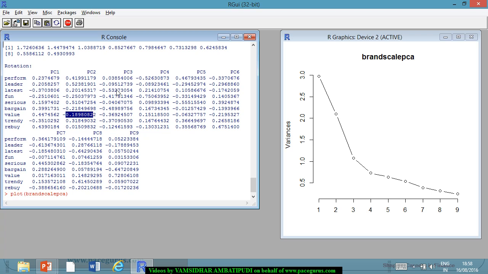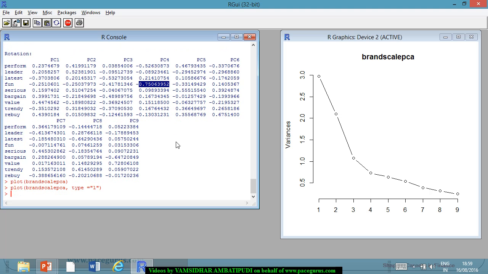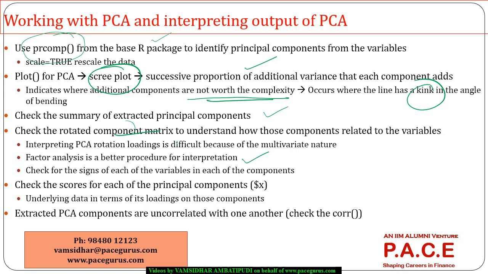Whereas in the third component, it looks like perform is looking different from the rest. Because these are the three main important components, and in the fourth one it looks like perform, leader and rebuy are along with fun, they are looking different from the rest. So a few such sign related variances are what I could typically see in the variables.